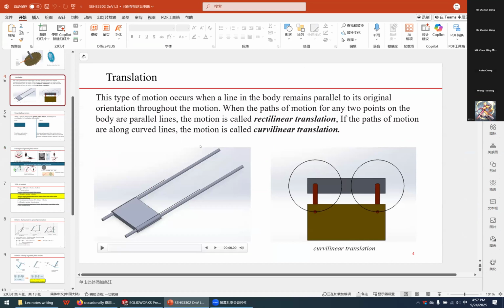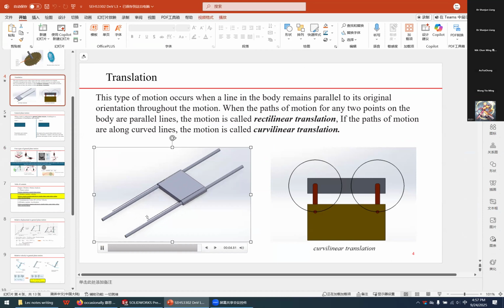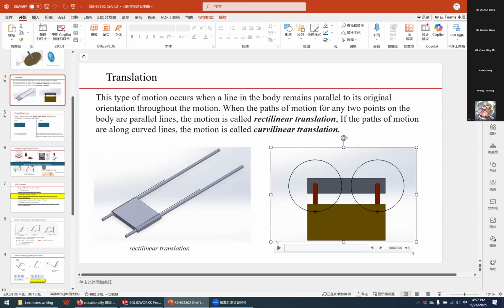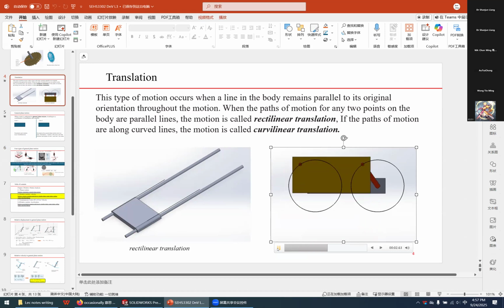What we have mentioned, a rectilinear translation will move like this. It just moves from one position to the other position in a straight line. The path is a straight line. And for a curvilinear translation, it just rotates like this.